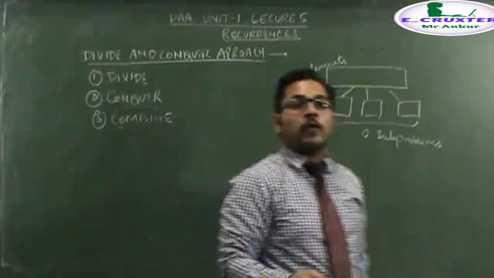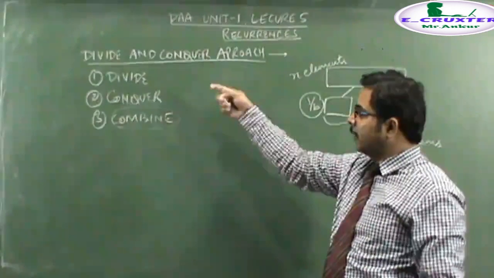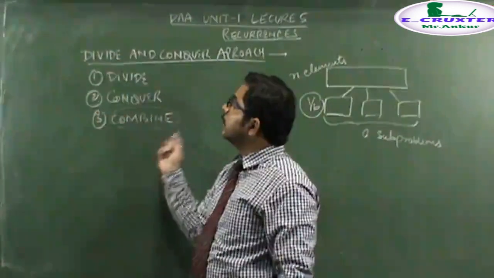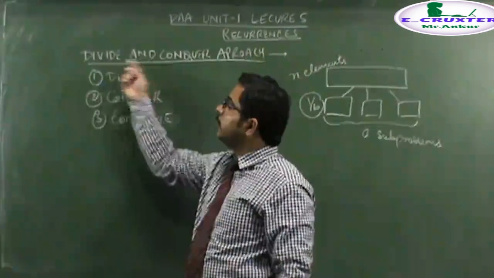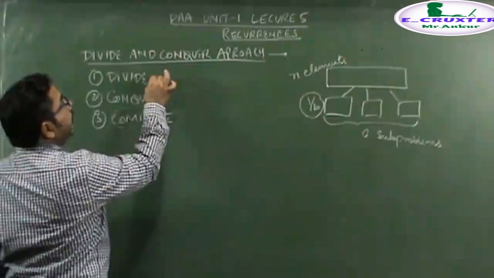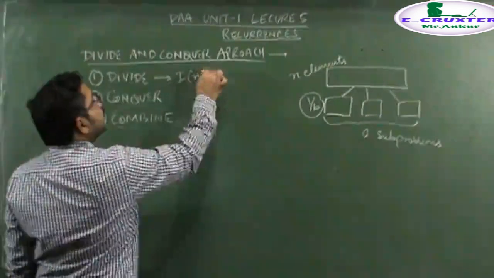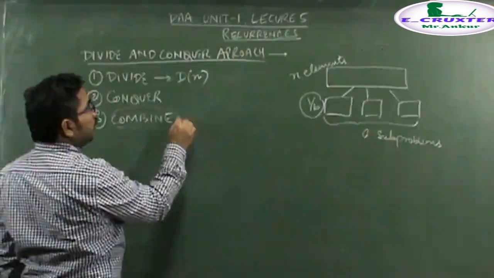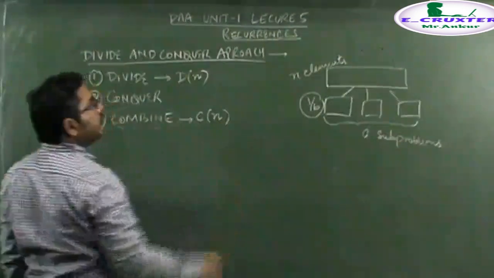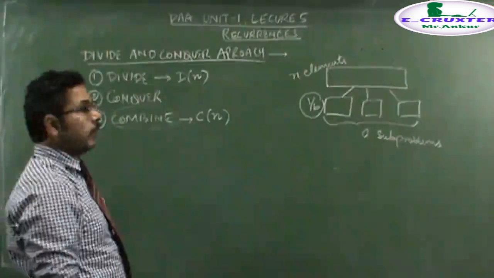When we solve such problems, these three steps take some time. Let's say the time to divide the problem is denoted by D of n, and the total time to combine the sub-problems is denoted by C of n, where n is the number of elements in the given array, or the input size.